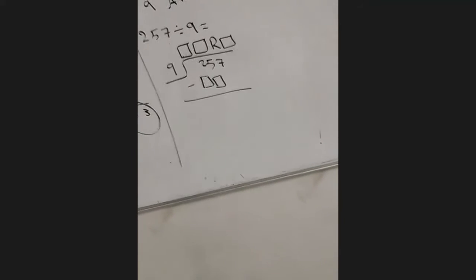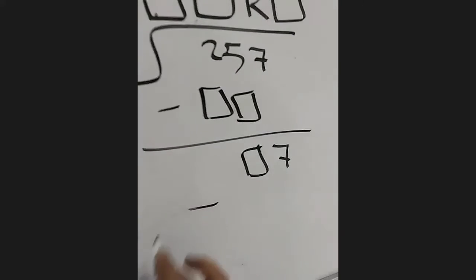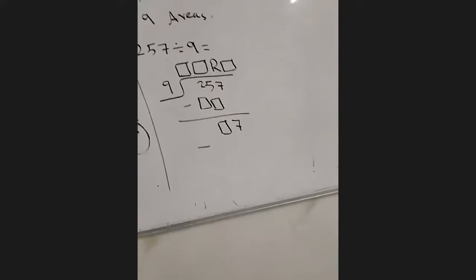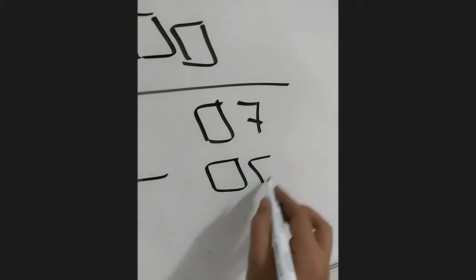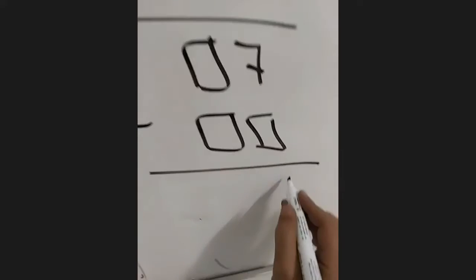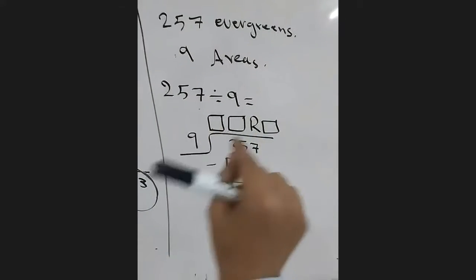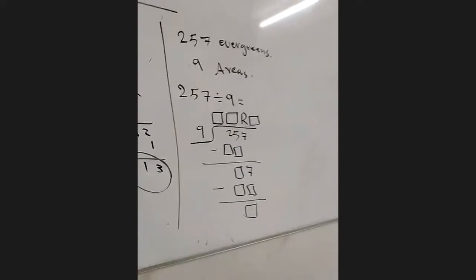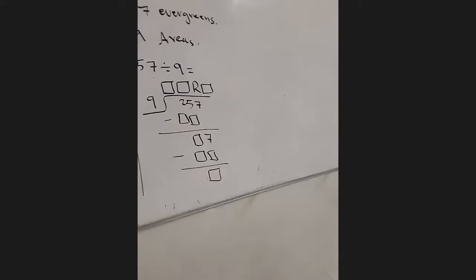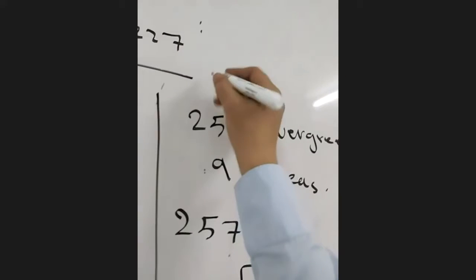Then we have 1 square and 7. Then minus. Then we have 2 squares down. Right, Abdullah? And at the end, we have 1 square, right? Now let's do the division, guys, and fill it with a pencil with us. We know this idea before. Let's do the example.